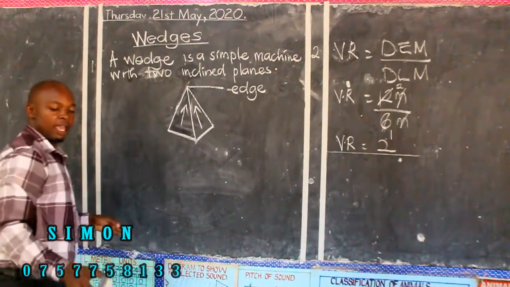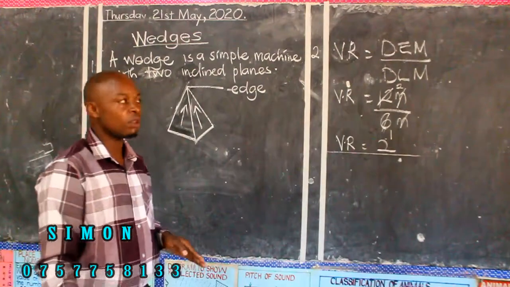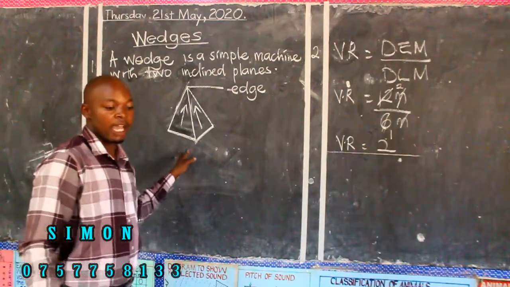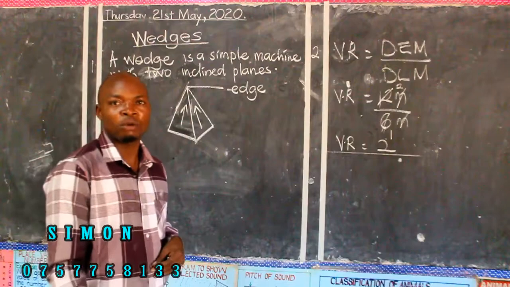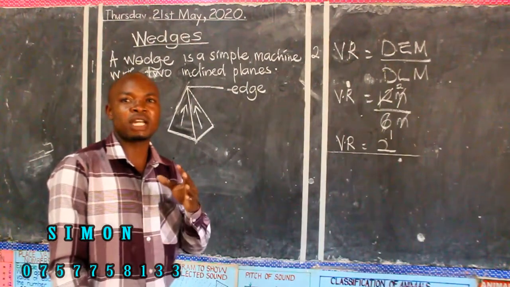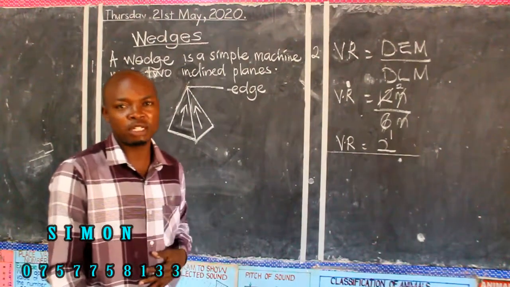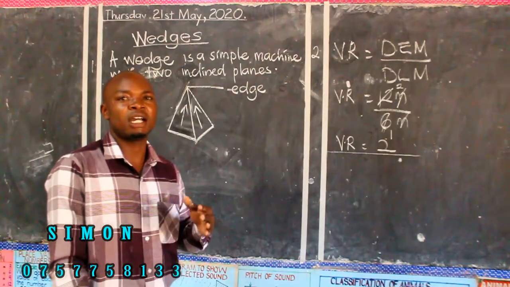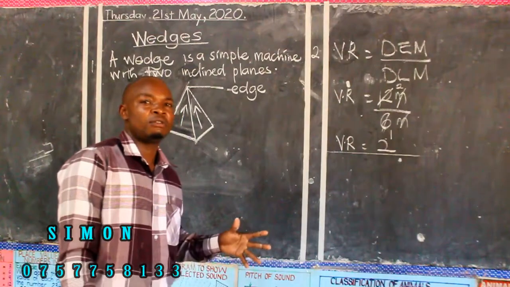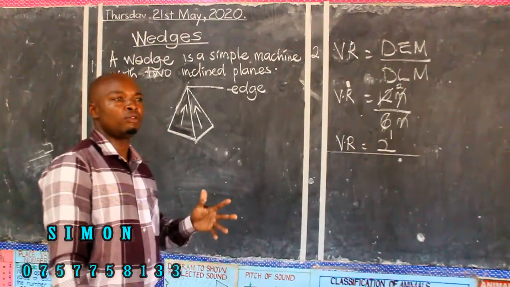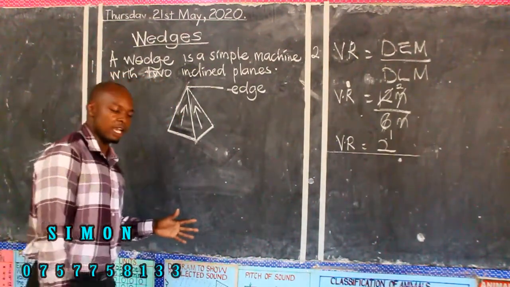Wedges are very many, and they have very many uses. Wedges are used in very many ways. We have wedges in hospitals used by surgical doctors and nurses, for injection, for operation, and very many others.